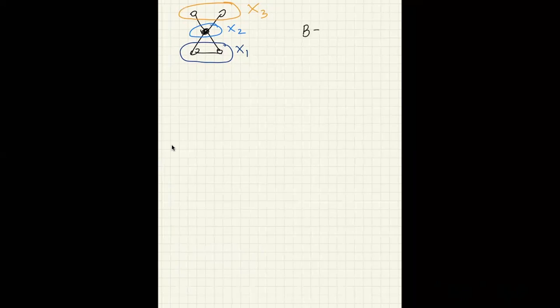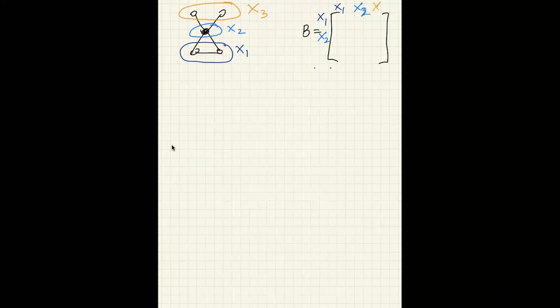Let's say B. Again, the way you think about it is you label the entries corresponding to these parts. The first one will be x1. The next one is x2.